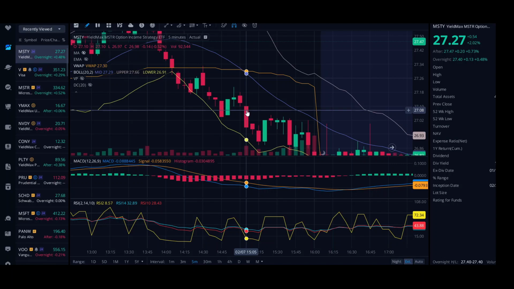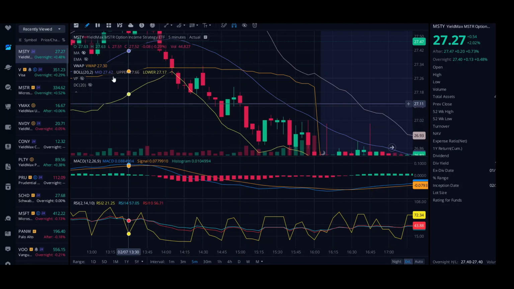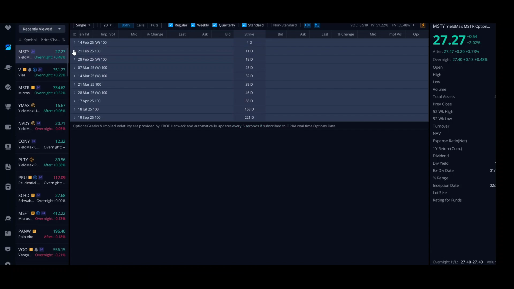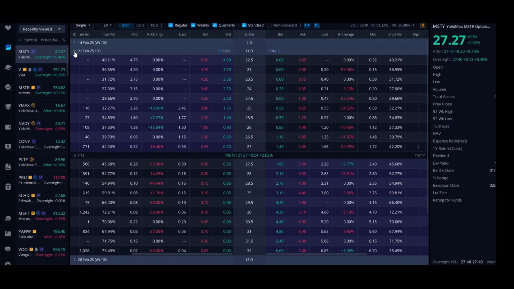Round about that $27 is where it ended up going through. If we look at the option chain here, it was probably sitting pretty close to where it is right now, and I had sold it for February the 21st. For this one, I sold a $25, and this is the 25 right here. These are the prices you can select from for your strikes.